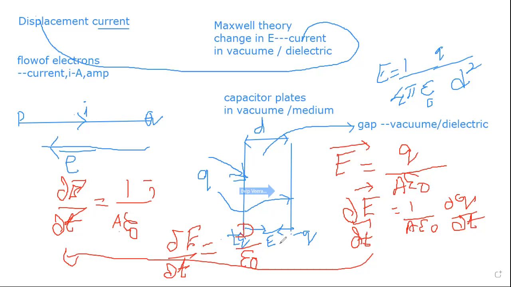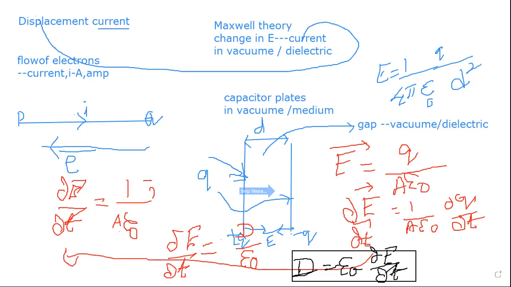So this J_D is called the displacement current density. Now I will write J_D equals epsilon naught dou E by dou t. Displacement current is the current produced per unit surface area when there is a change in the electric field.